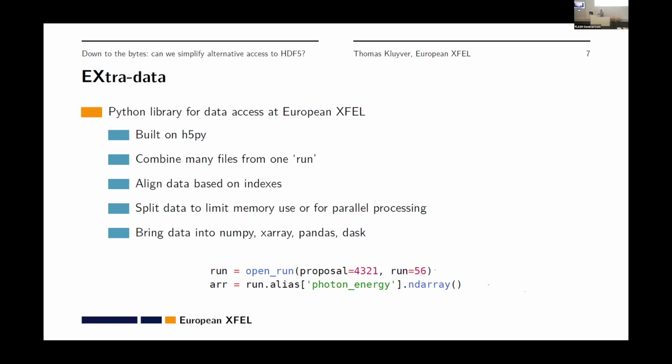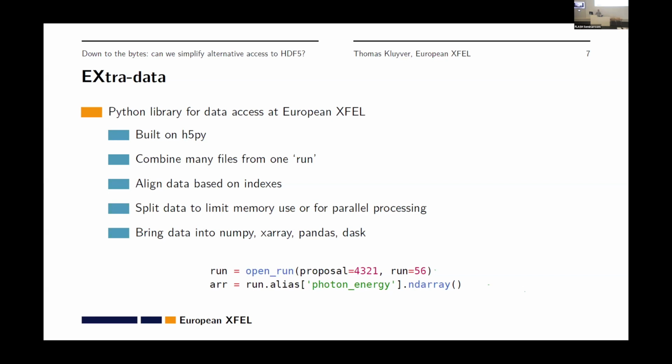The starting point is that when we take a run, that's the unit of experimental data, that's a whole lot of HDF5 files sitting in a folder. And for the detector data, we also create another folder because the raw detector data gets calibrated. So there's another set of HDF5 files in a separate folder for the calibrated data.